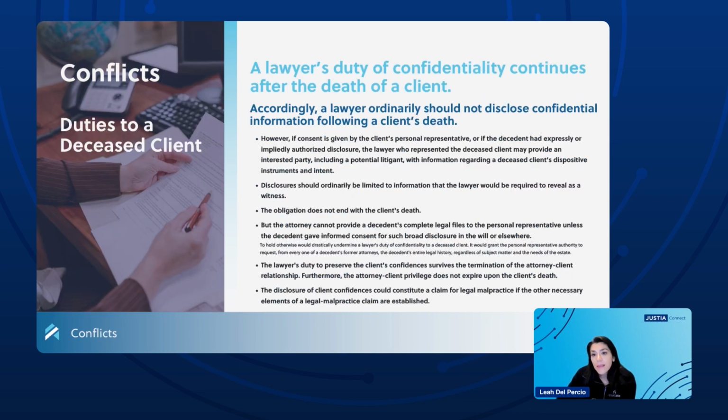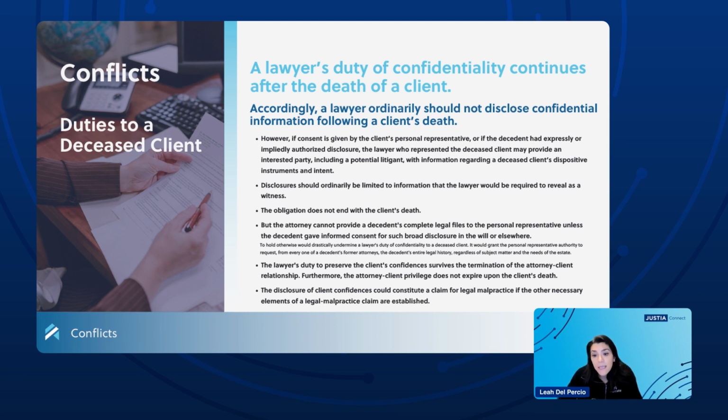And then lastly, last but not least, since we're coming up on time here, a lawyer's duty of confidentiality continues after the death of the client, as I've said several times throughout this presentation. A lawyer ordinarily should not disclose confidential information following a client's death.